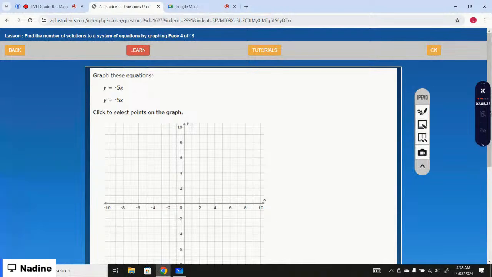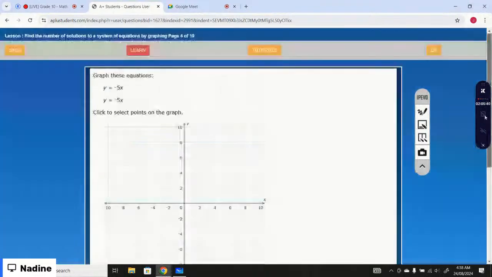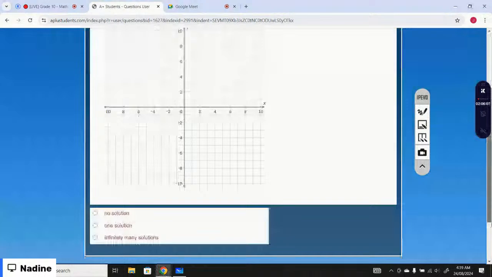They have infinitely many solutions, right? Because both the equations are exactly the same. So I have infinitely many solutions. Graph these equations y equals 3 and y equals 7. The lines are parallel, so the system has no solution.